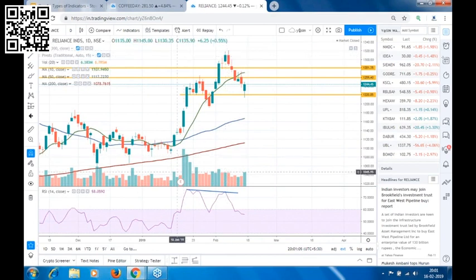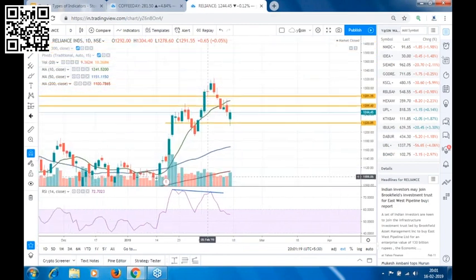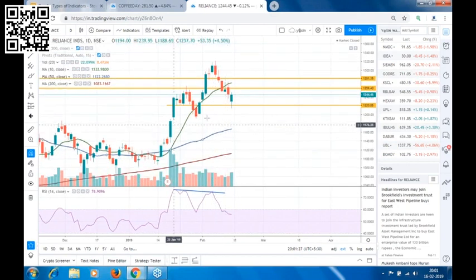Similarly, when we look at the bottom, we see a price rejection from the lower levels, which means that now the buyers are not willing for the prices to go down further. Similarly, when we are looking at the top, there is a price rejection from the higher levels. So this again is your trade from top.